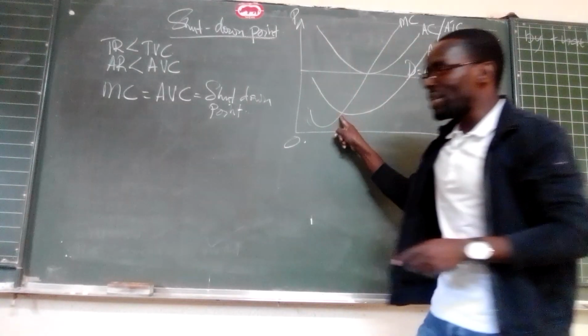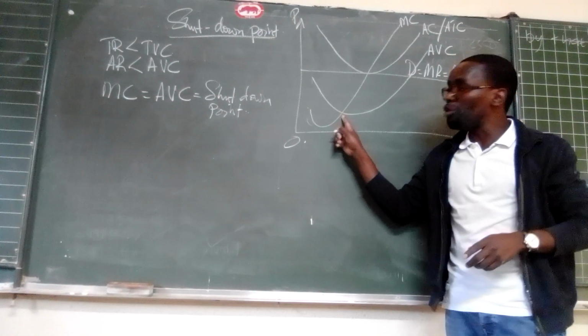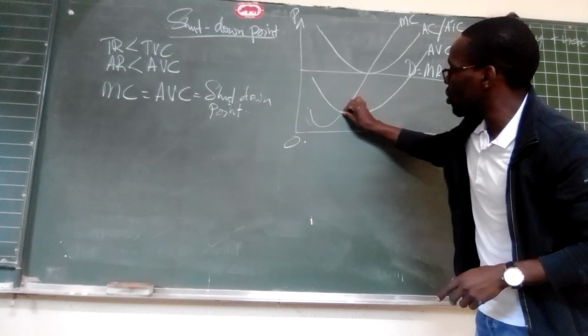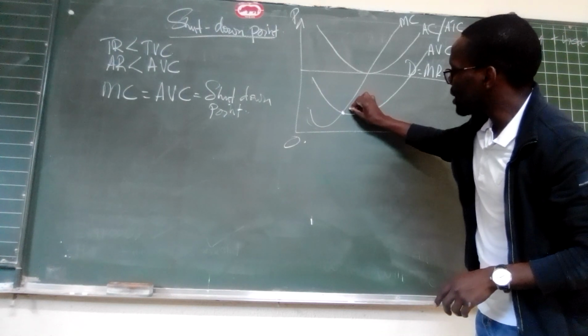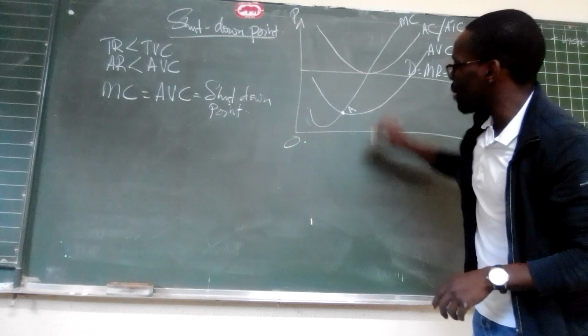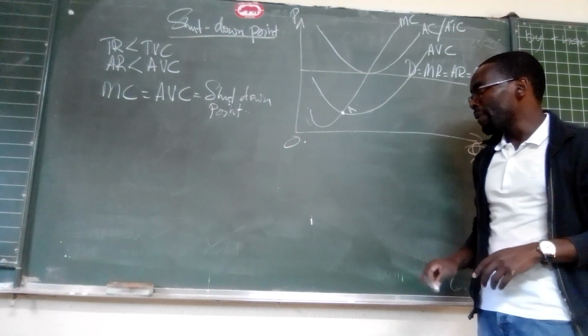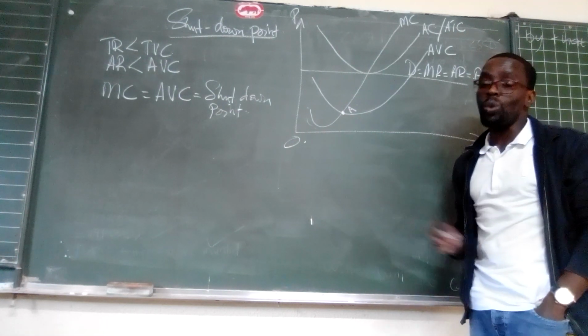So at what point is MC equal to AVC? MC is equal to AVC at this point that I'm going to call point A, for example. Now at this point, this is what it means.